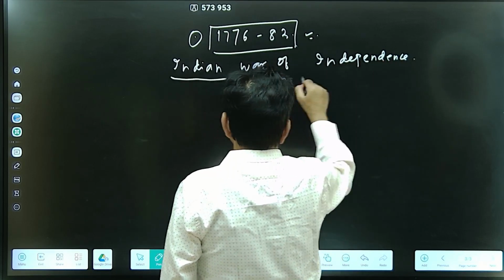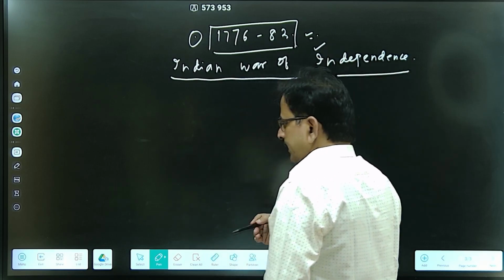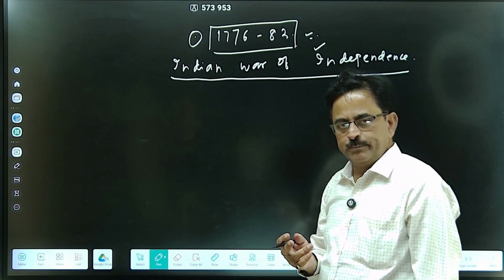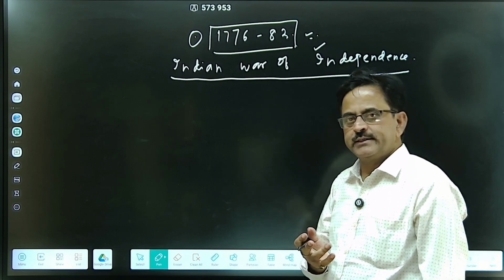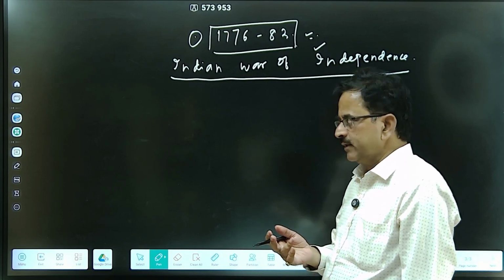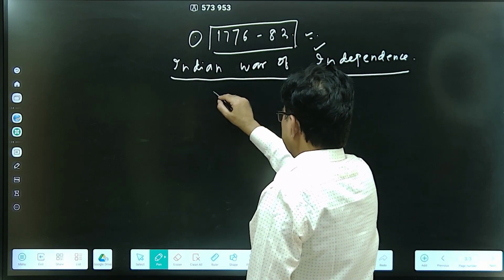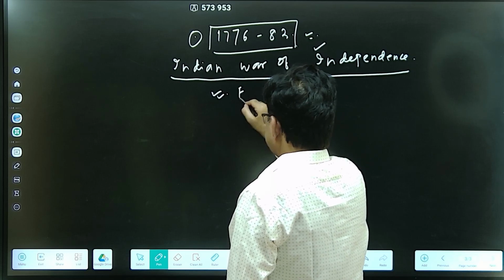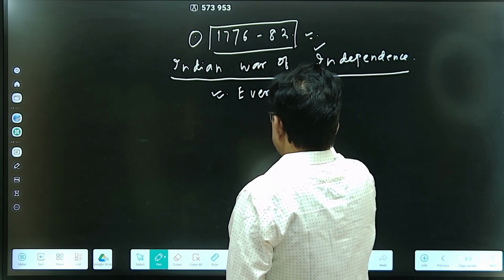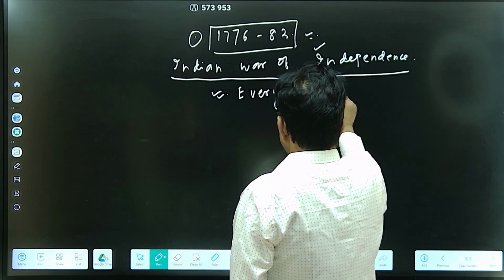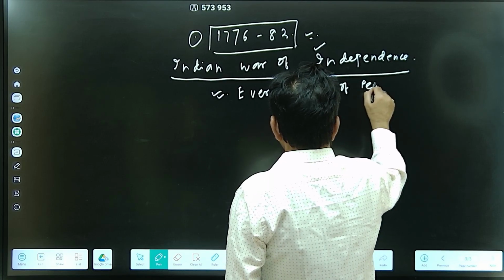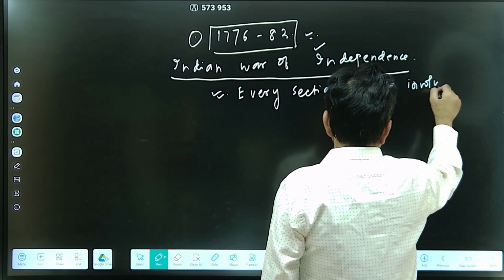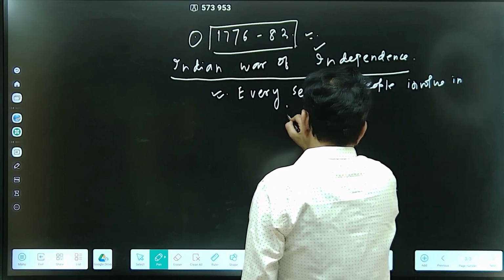so now I have to discuss what the features of the Indian War of Independence were, and why the Indian independence movement is known as the Indian national movement. Because in this movement every section of the people was involved.